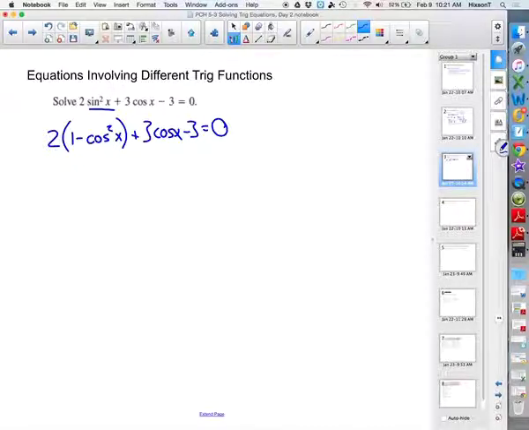That'll help you avoid making a little mistake like that. So now everything's in terms of cosines, and we're back to what we had in the previous problem. So we have 2 minus 2 cosine squared plus 3 cosine minus 3 equals 0.